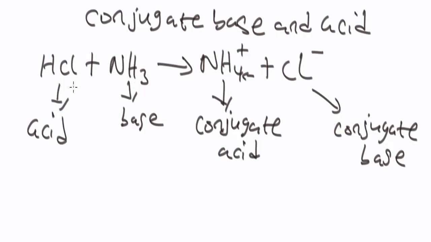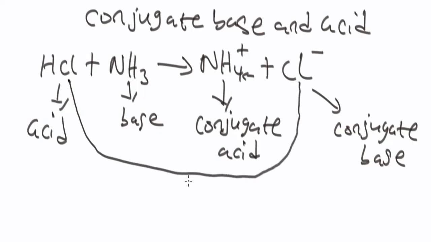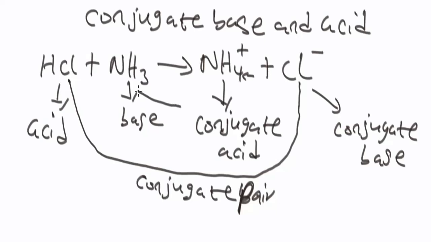Now note that in this reaction, when an acid combines with a conjugate base, we have a conjugate pair. Whereas when a base combines with a conjugate acid, we also have a conjugate pair. Alright, so take note of these concepts.